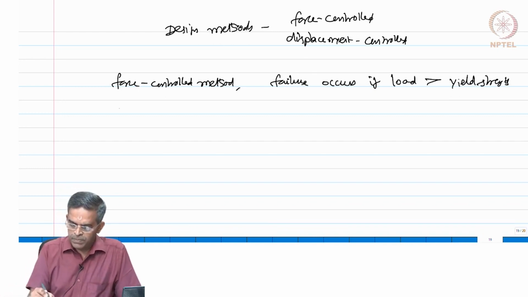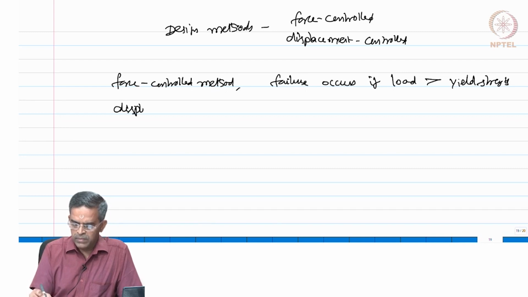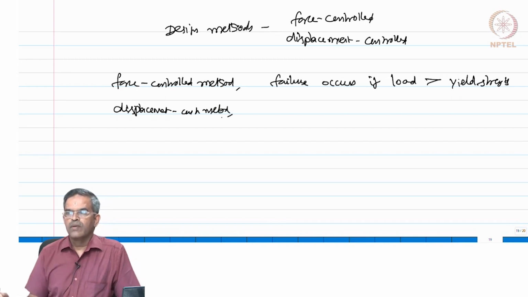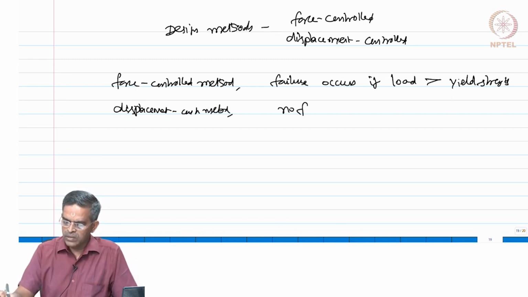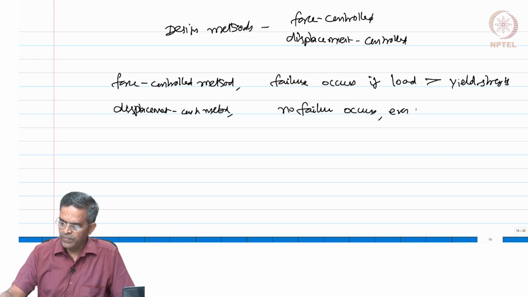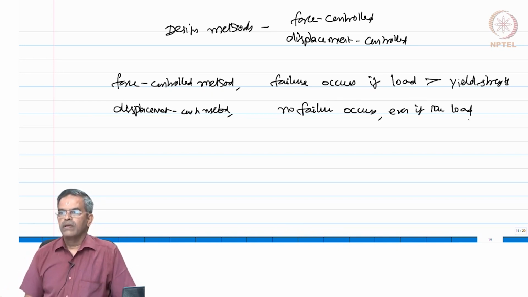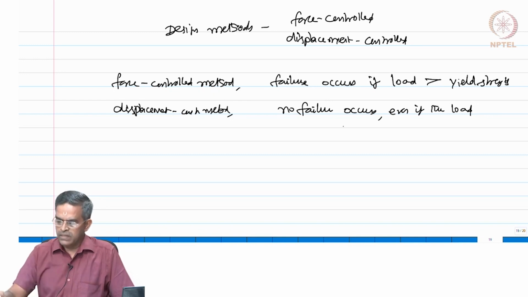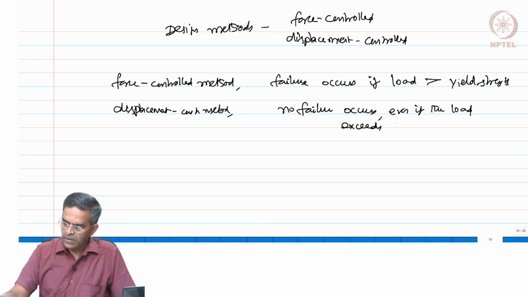But in displacement control method, no failure occurs even if the load exceeds yield displacement. Please carefully understand this.